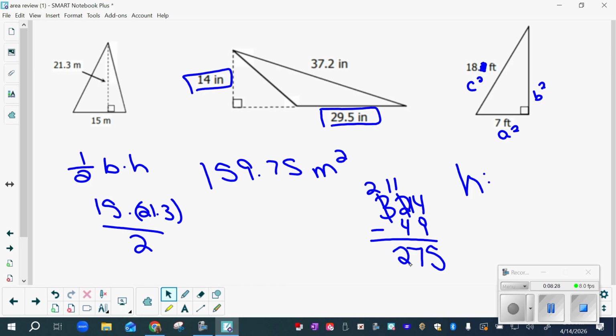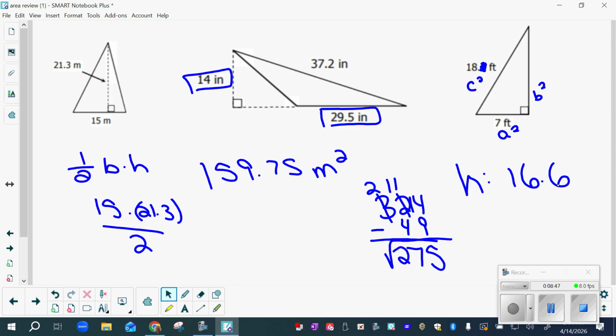I have to square root it. Square root of 275. I'm going to round that to 16.6.